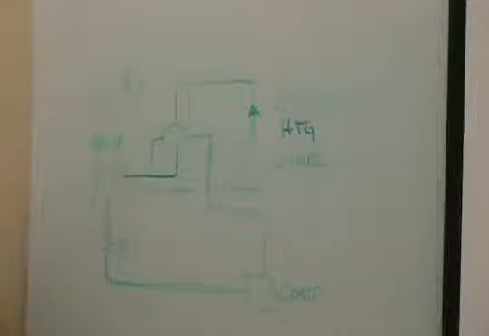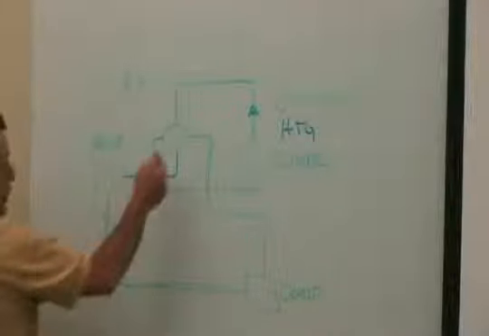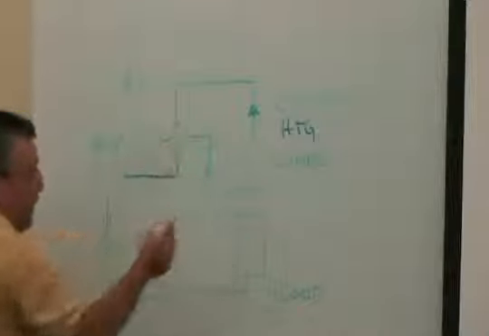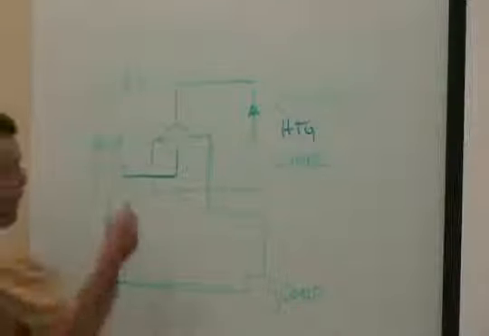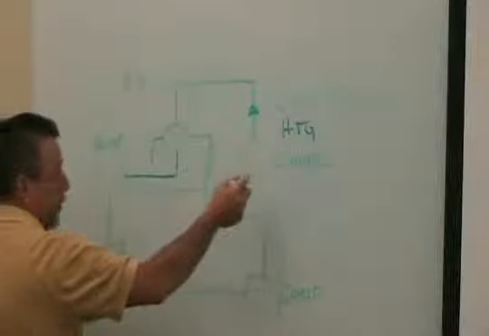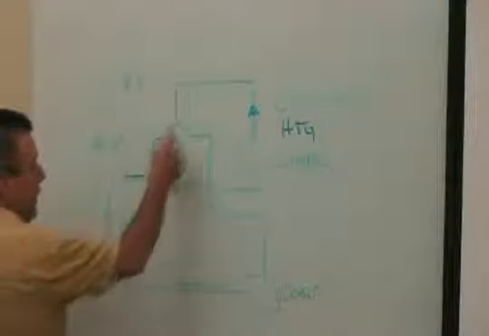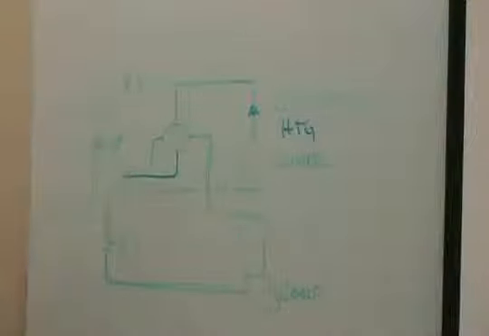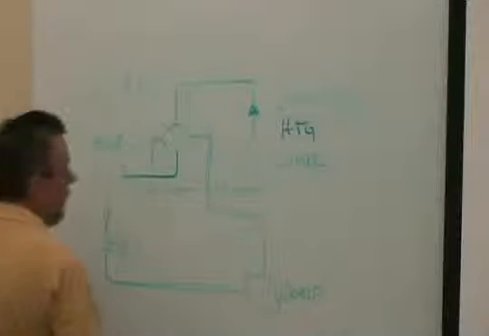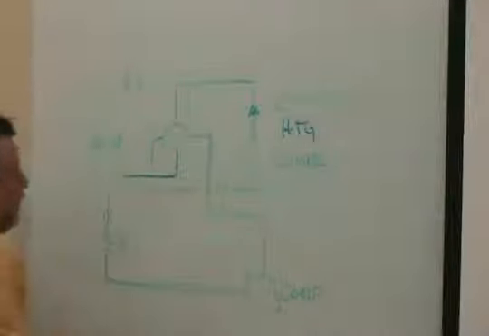Does everybody understand that? The idea of the reversing valve? All that does is it's an electrically operated device. I've got a thermostat that either puts my compressor in the cooling mode or the heating mode. And the thermostat actually controls the reversing valve between whether you get heating or cooling in this application. And that's just a little electric valve.